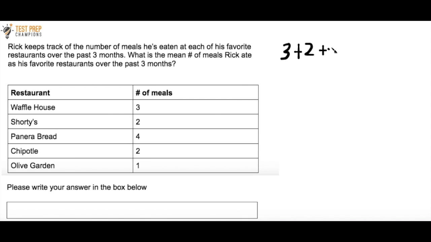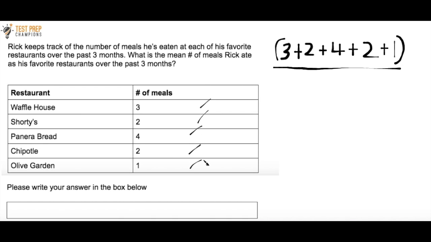But basically, to find the mean, what we want to do is take all of the numbers here and add them up. So I'm taking my 3, my 2, my 4, my 2, and my 1, and adding them up. Then I'm going to divide by the total number of numbers I'm working with. Let's count them up: 1, 2, 3, 4, 5.